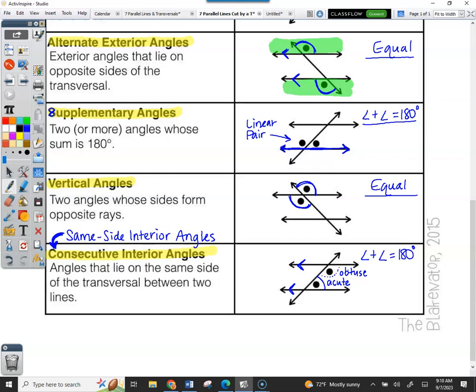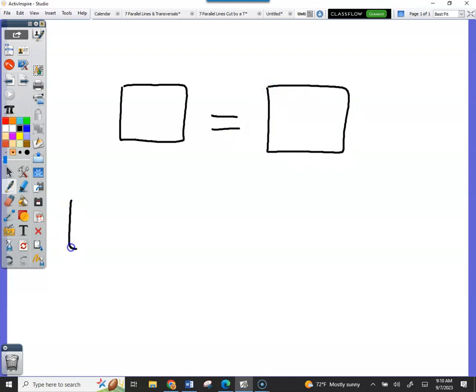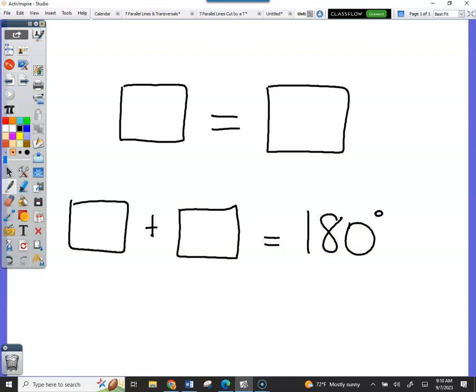So, in a nutshell, your two scenarios are either the angle equals the angle, or the angles add up to equal 180, right?